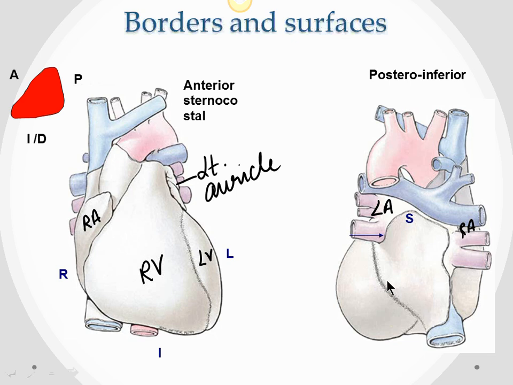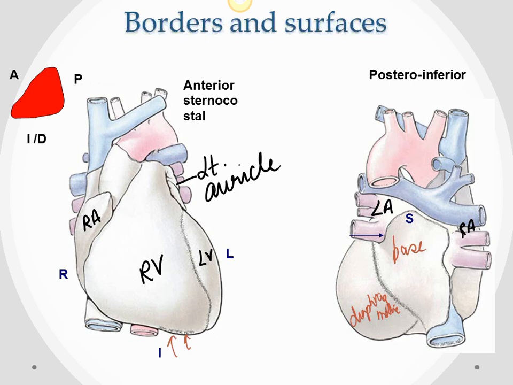You're seeing this part as the base of the heart, and also a part of the diaphragmatic surface. But from this you understand the diaphragmatic surface will be this area here, which is formed by both ventricles on the lower aspect, right? I'll show you another image to show you that.